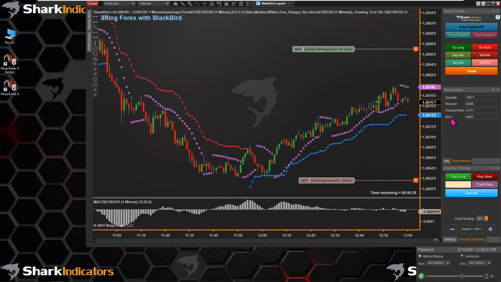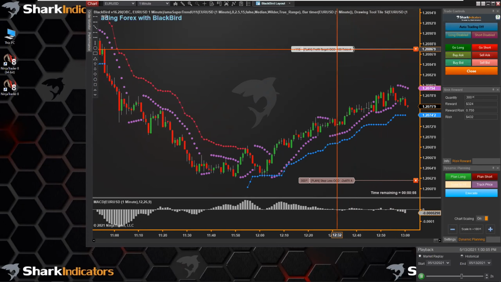So right now, this would be 3 standard lots, and our risk is approximately 480, as price is bouncing up and down there. So that's the dynamic planner there, right?